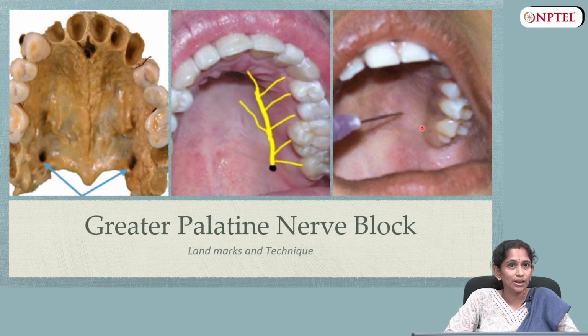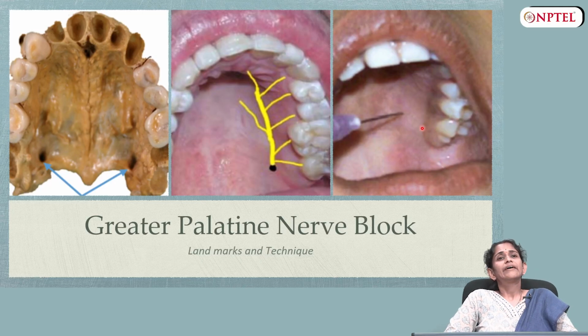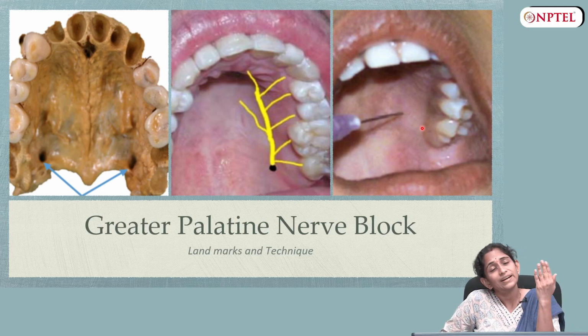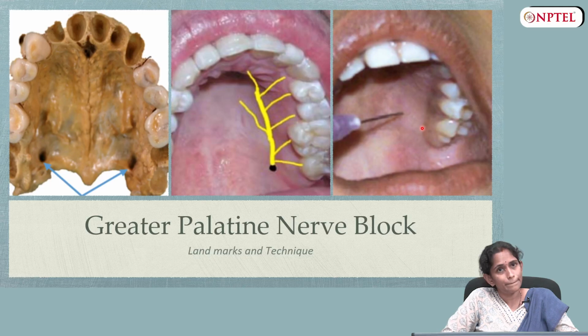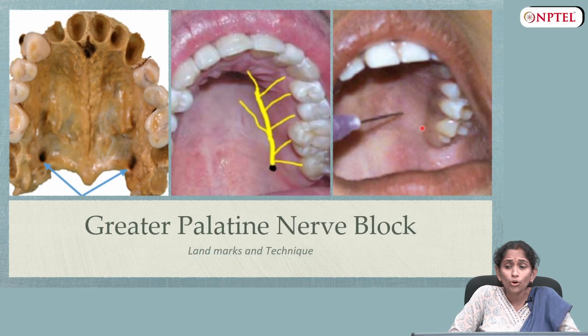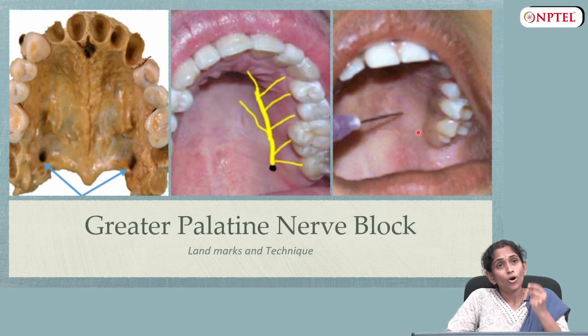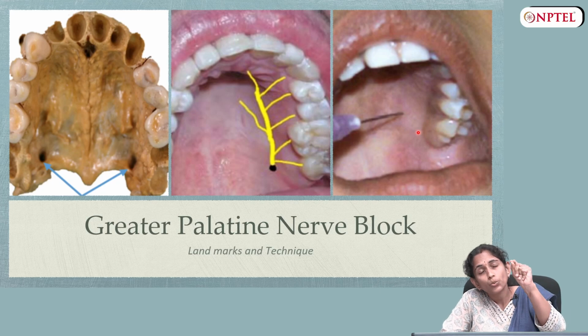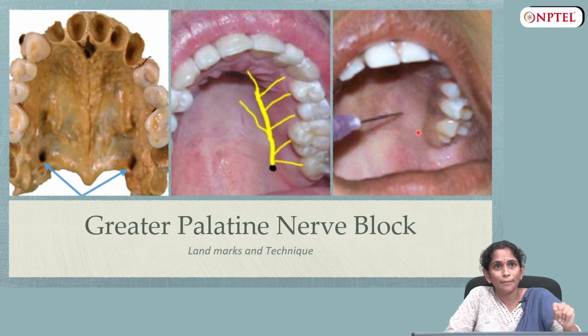Often, the greater palatine block is extremely painful for the patient because the mucosa of the palate is firmly adherent to the maxilla. So, to avoid pain, we apply pressure with the Q-tip in the region of the foramen, and pressure, because of the gate control theory, reaches the brain faster compared to the pain sensation.